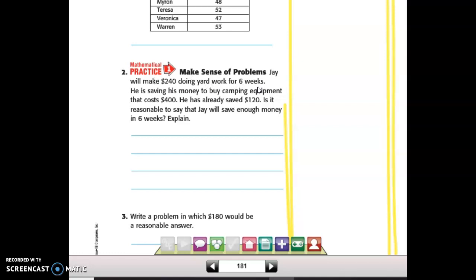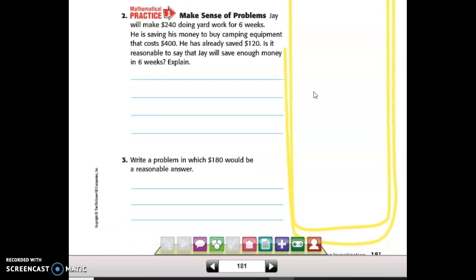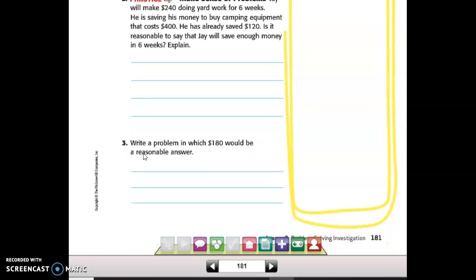According to what we're doing, it's not $240 each week, so you're not going to do 240 times 6. It's just $240 he earns for those whole 6 weeks of work. So don't multiply these. It's not $240 each week. It's $240 for the 6 weeks. Don't get tricked by that. I'm really excited to see what some of the problems you come up with on this. Be a little creative, use your imagination, and some things that you're interested in that would end up with an answer of $180. That should be fun.